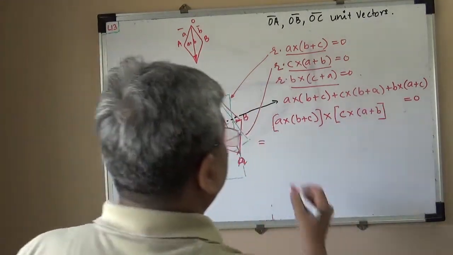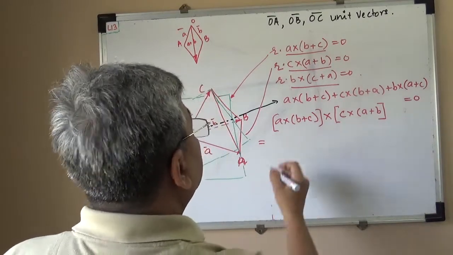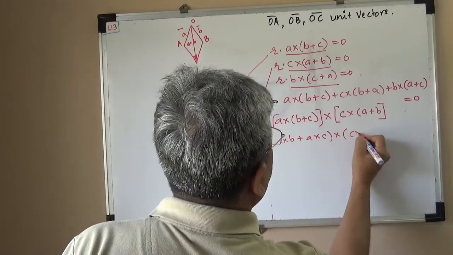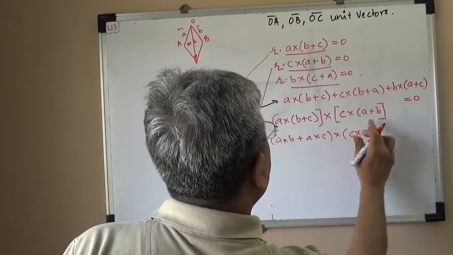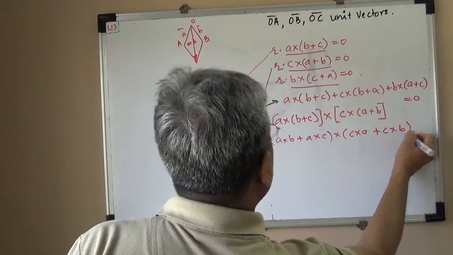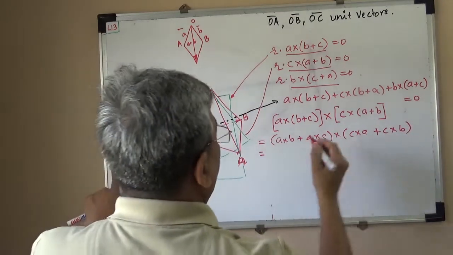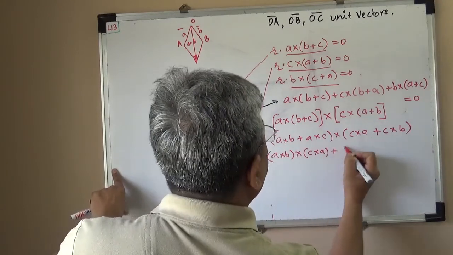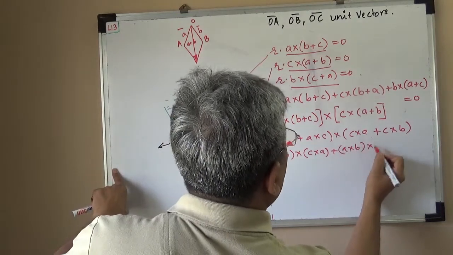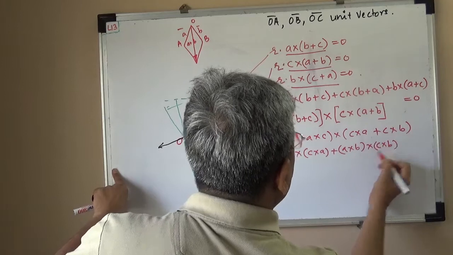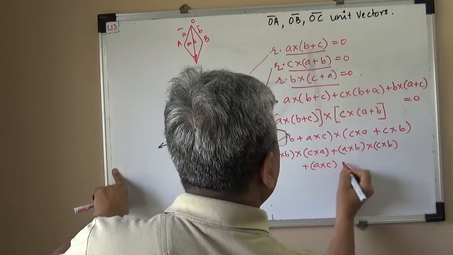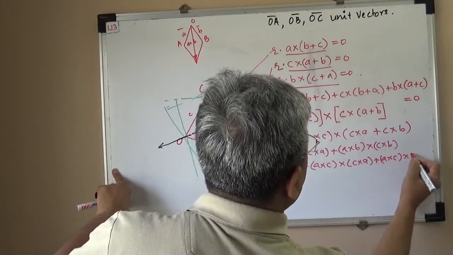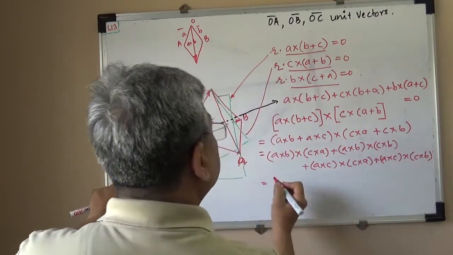This vector is A cross B plus A cross C, cross C cross A plus C cross B. Now if we distribute cross, then (A cross B) cross (C cross A) plus (A cross B) cross (C cross B) plus (A cross C) cross (C cross A) plus (A cross C) cross (C cross B) is equal to.